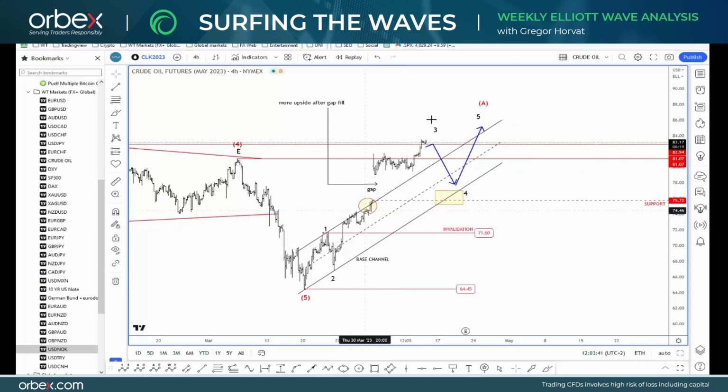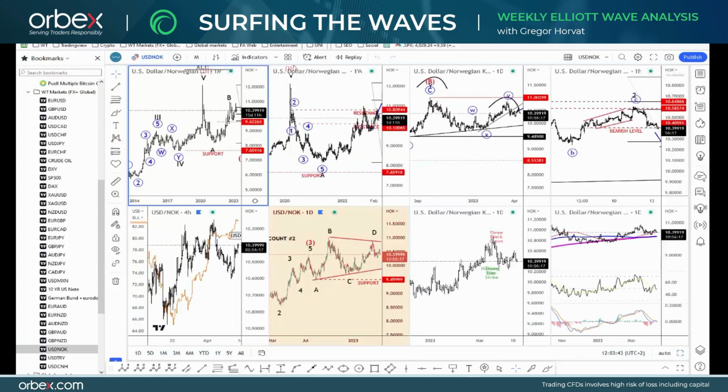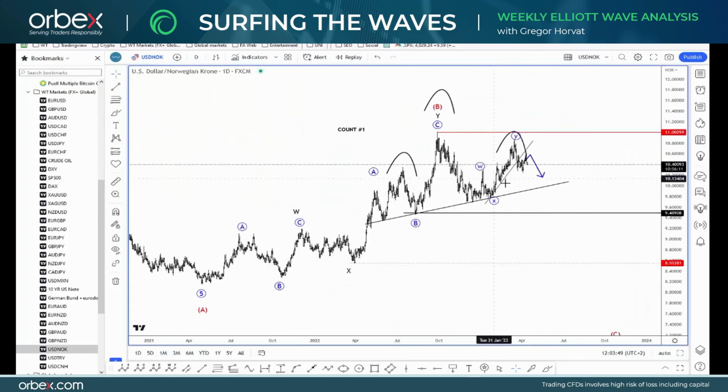Okay, so crude oil is still in an uptrend, and when the crude oil is in an uptrend, CAD and NOK could do very well. So looking at dollar NOK, it's not a surprise here that we are turning down again after moving close to this trend line of resistance that was broken earlier, not this month but back in March.